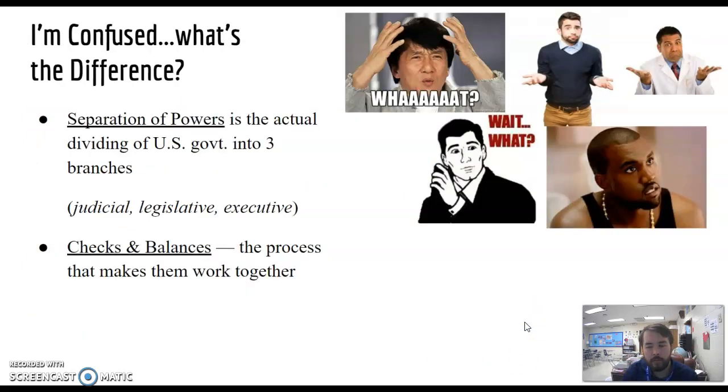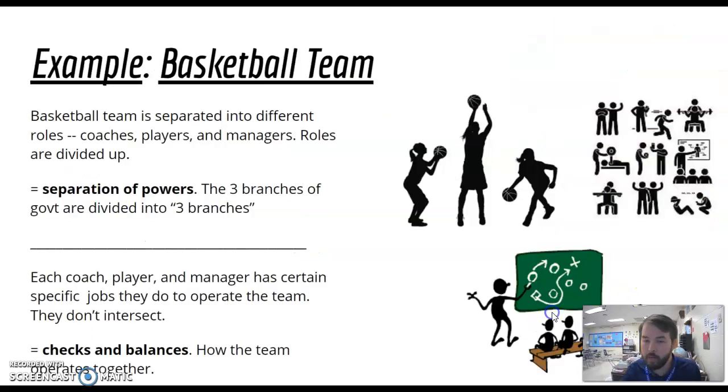So if you're confused and you're like, hold up, you're talking about branches, you're talking about powers, talking about how they work together, those 2 terms seem pretty similar. Here's how you want to think of it. Separation of powers is the actual dividing into the branches, dividing the power into 3. Checks and balances is the process that makes them work together. Let me give you an example.